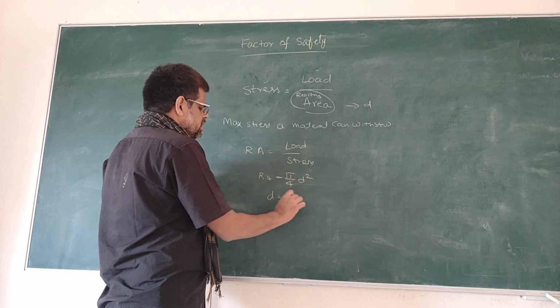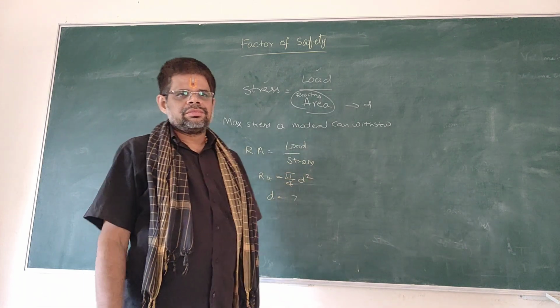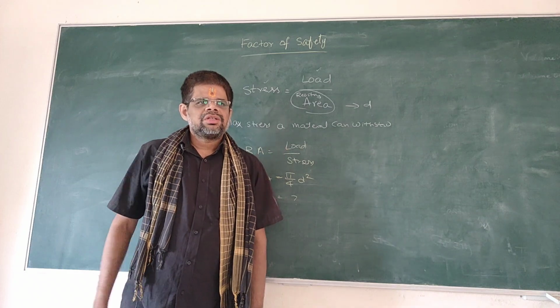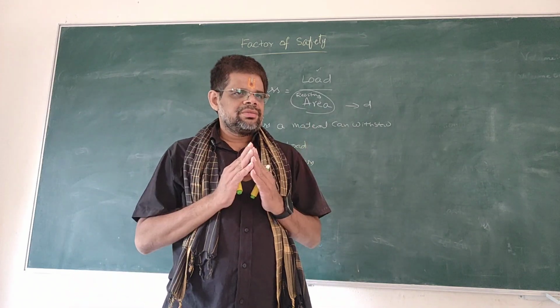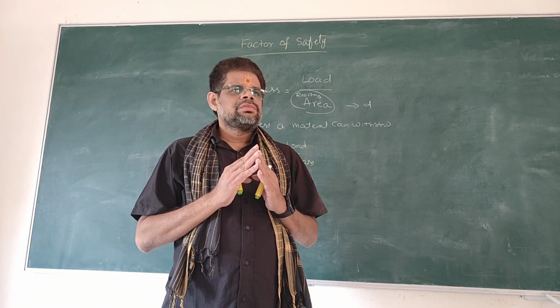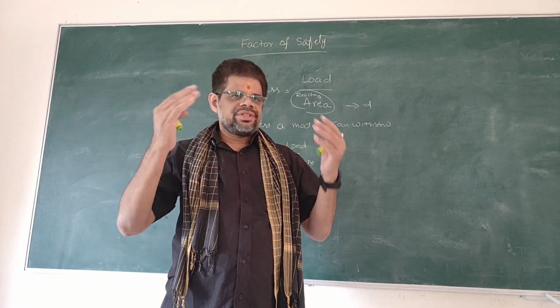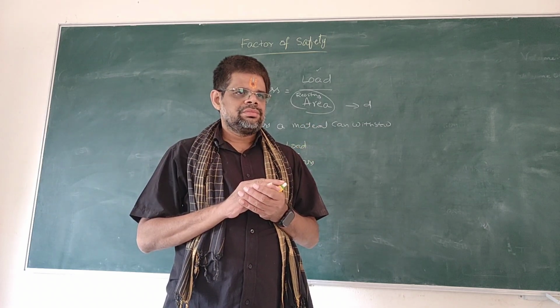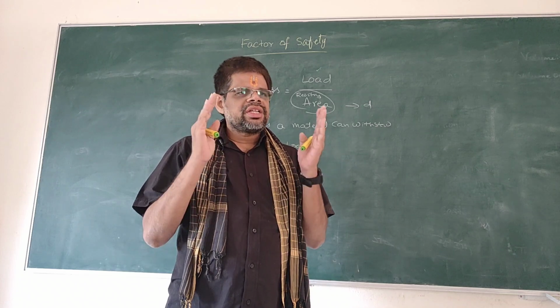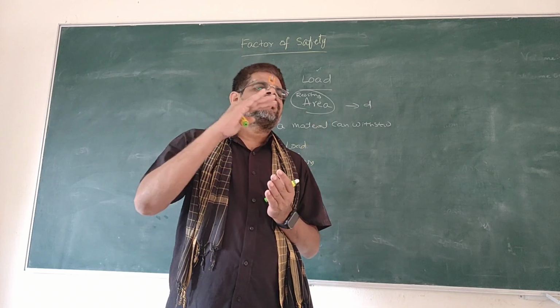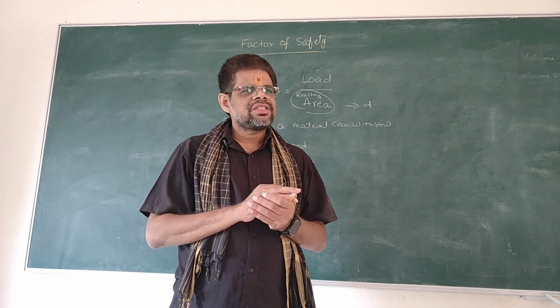Then you can easily determine the d value. So in any design, more the resisting area means more the load it can withstand. How? More the resisting area means the load per area is lesser, lesser the stress.